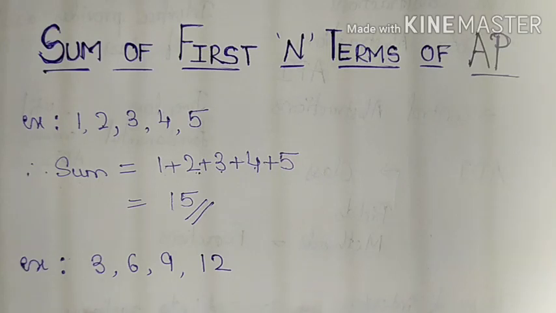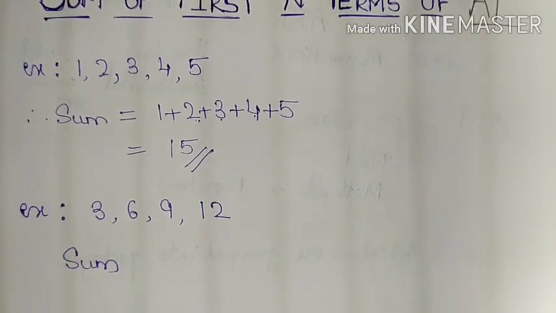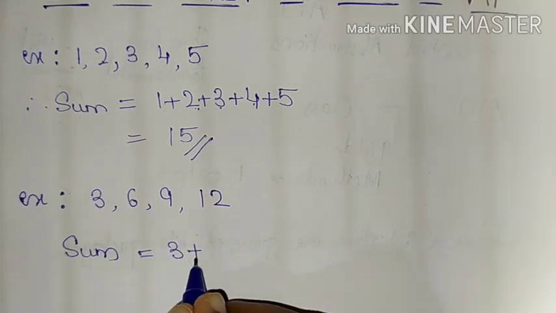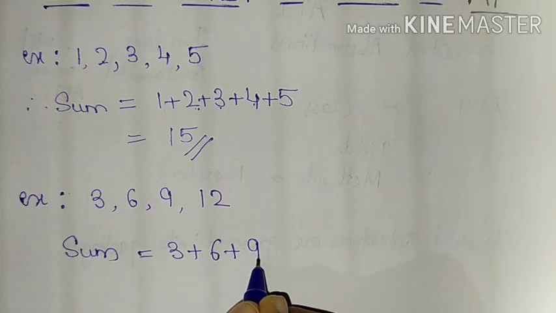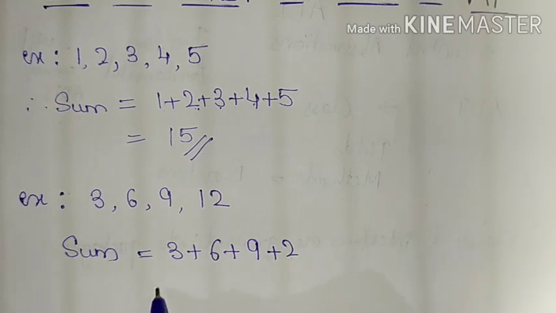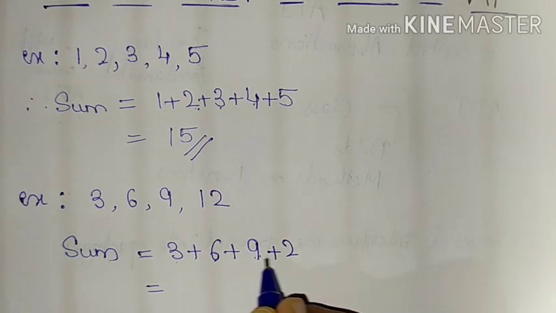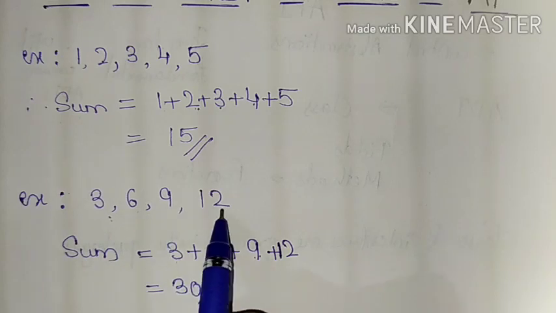It will be sum is equal to 3 plus 6 plus 9 plus 12, which is nothing but 3 plus 6, 9, 9 plus 9, 18, 18 plus 12, 18 plus 12 is 30. So, sum of first 4 terms of this AP was 30.